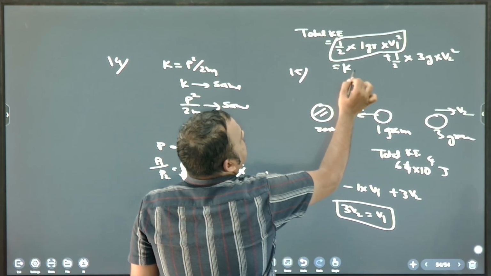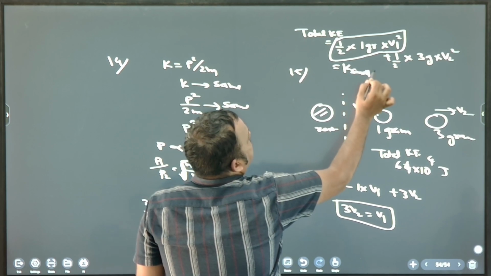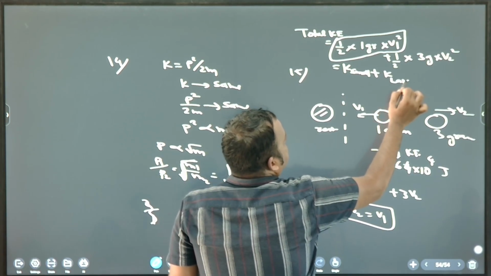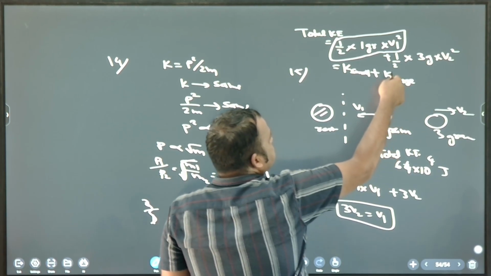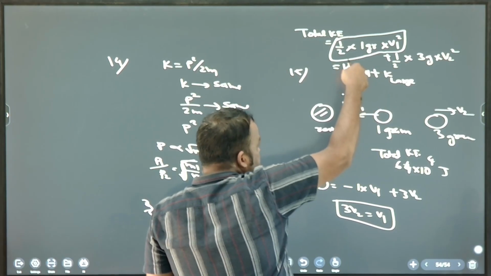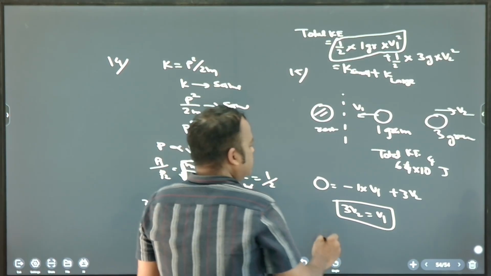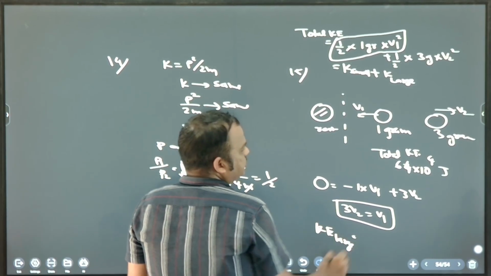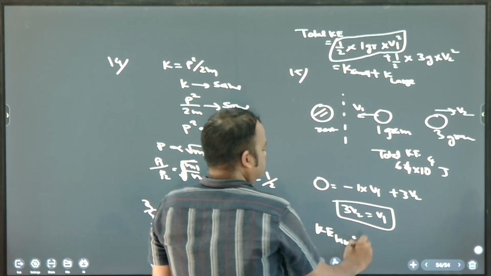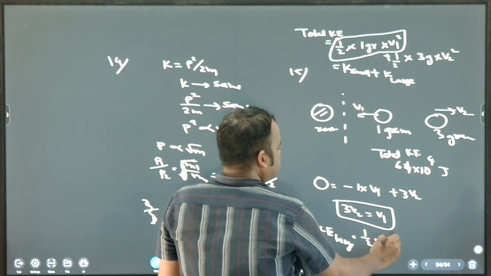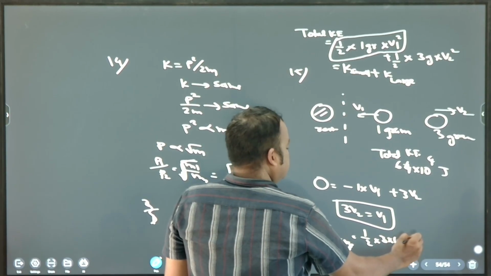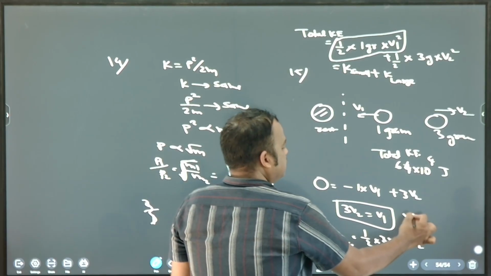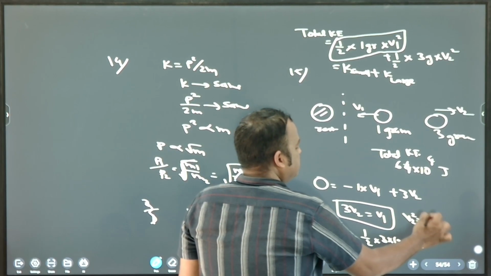So this is K small, kinetic energy of small plus kinetic energy of large. Now kinetic energy of large you write in terms of this. So what is kinetic energy of large? It will be half into 3 into 1 gram into v2 square. So v2 square is what? What is v1 square by 9?